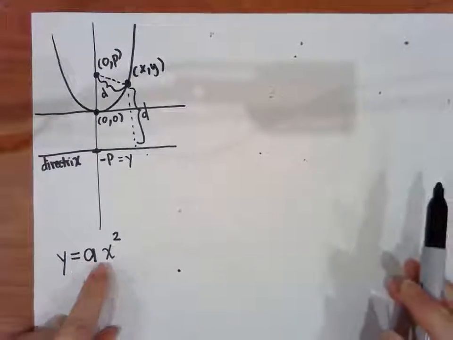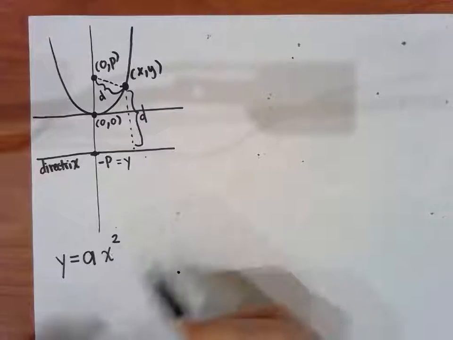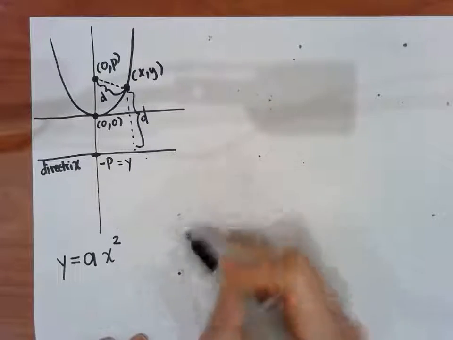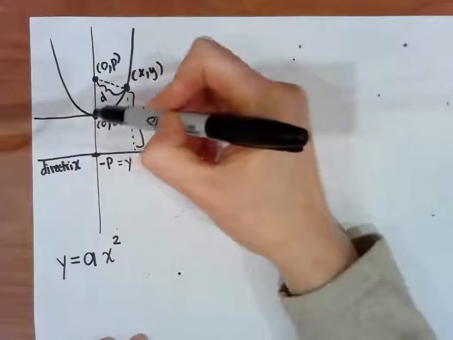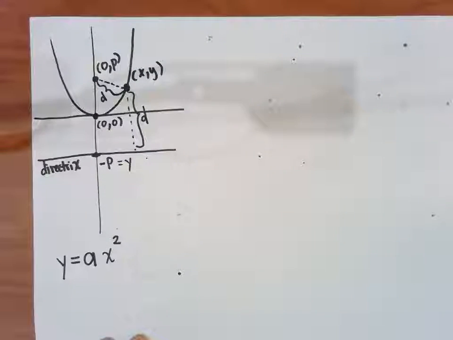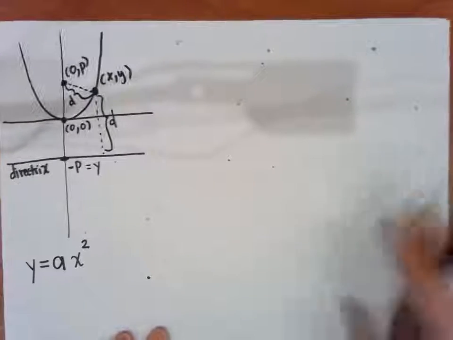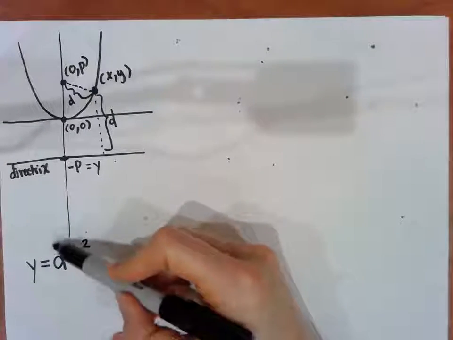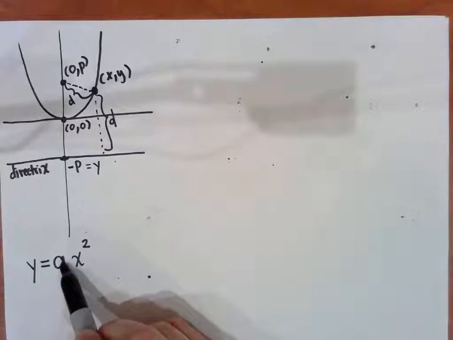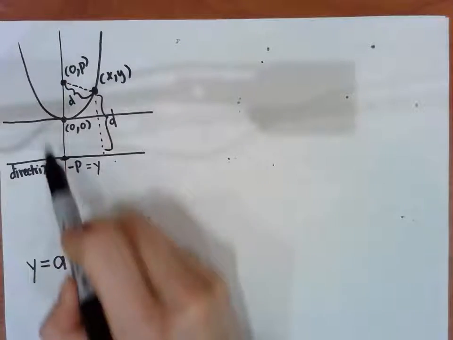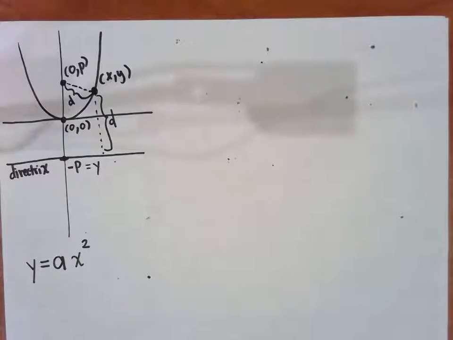So there's some constant times x squared. But we know that there's no x minus h squared or y minus k, because it's not shifted. It's got a vertex at the origin. Okay, so that's the general form, but let's figure out what exactly that a is and how that constant is related to the focus and directrix.